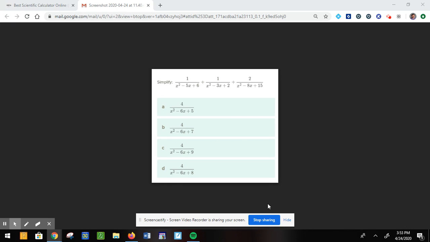So for x squared minus 5x plus 6, that's going to factor into x minus 3 and x minus 2. So write that over here. All right, so 1 over x minus 3 times x minus 2.